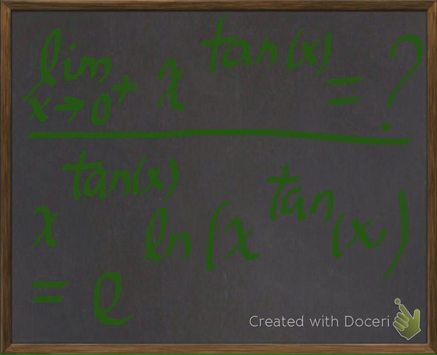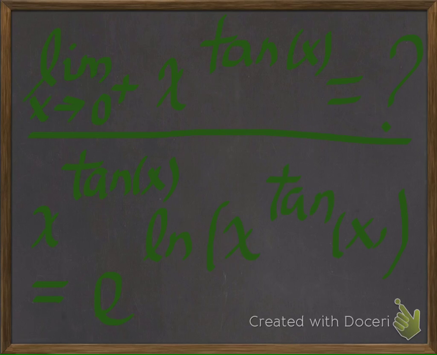So the question now is the limit of x raised to the power tangent x as x approaches 0 from the right. That's just a recall. To solve this, we focus on x power tangent x and put it in the form e raised to the power ln of x power tangent x.